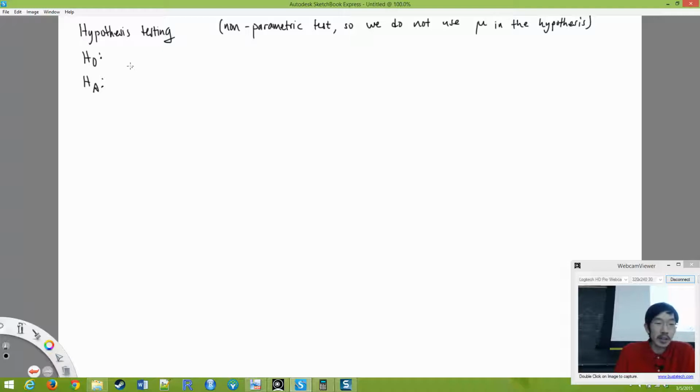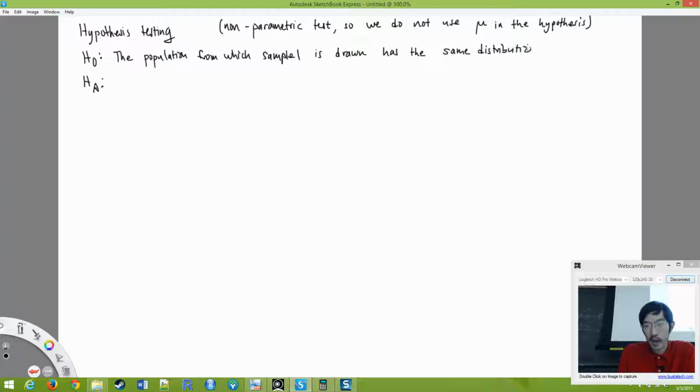So what we would say is that the null hypothesis is that the population from which sample 1 is drawn has the same distribution as the population from which sample 2 is drawn.